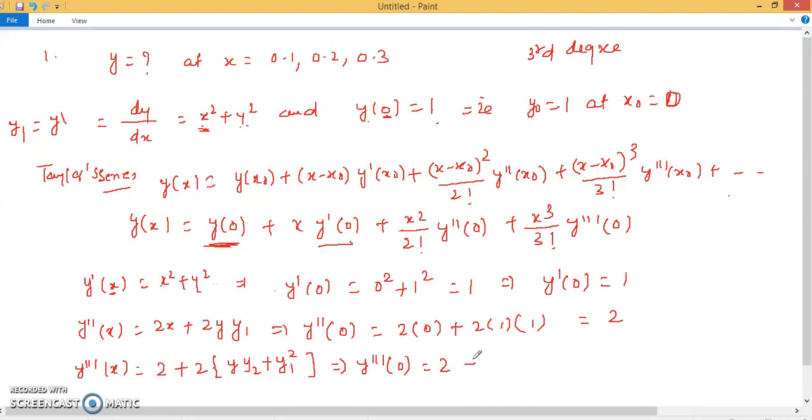So 2 plus 2 into y0, which is 1, into y2 plus y1 square, which means 1 square. So we'll get 2 into 1 is 2 plus 1 is 3, 3 into 2 is 6, 6 plus 2 is 8. This is your y3.